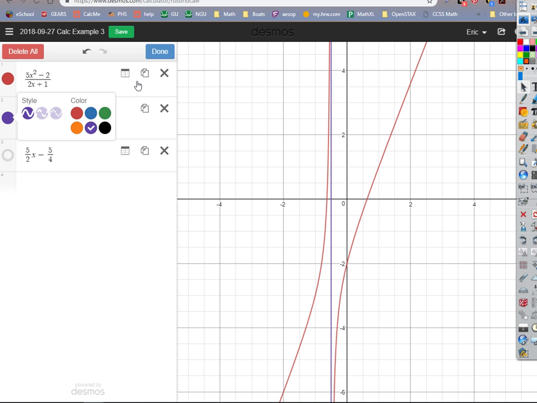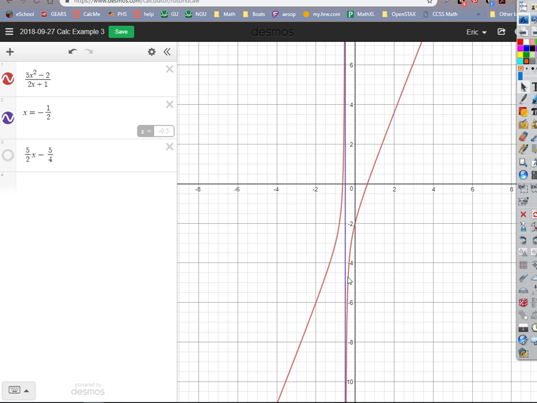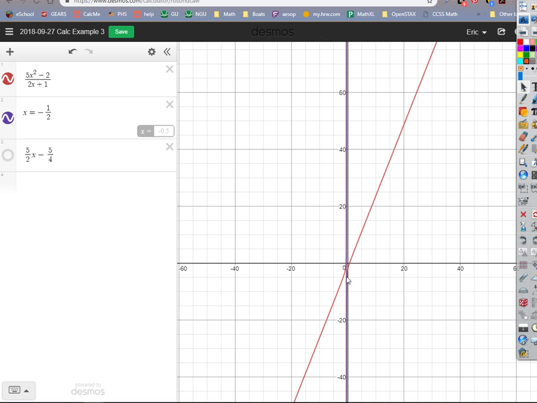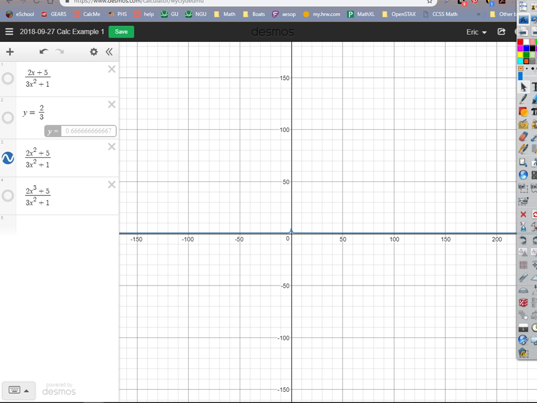Oh, Emily's going to want purple, so I'll do purple. So there's the local behavior. You get this asymptote. But if I zoom out, look what happens. It just looks like it's going to be just an asymptote. Okay? All right. We'll come back to that one again.